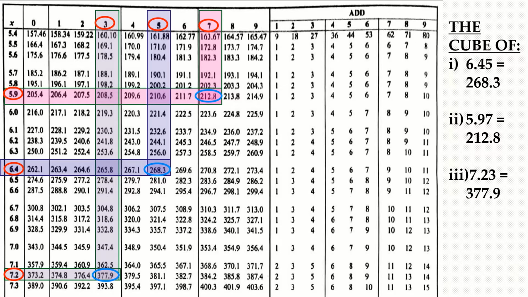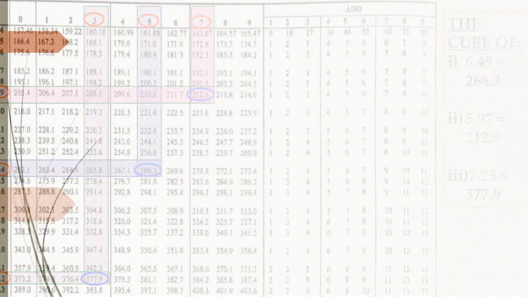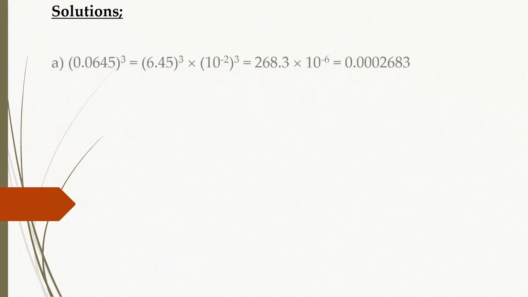After that, as I've shown you with the blue color, we have the solutions where our rectangular boxes are meeting. I hope you have enjoyed the way we have worked out the cubes of numbers, but we have to ensure that our numbers lie between 1.0 and 9.999. That is a condition.